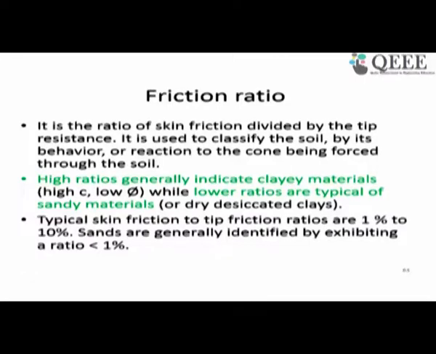So typical skin friction ratio for sands will be a little less than 1%, and for clay it will be a little higher. As you see, the ratio of skin friction definitely will be higher in case of clay, because the friction component is low, but the friction component will be high in case of sand.